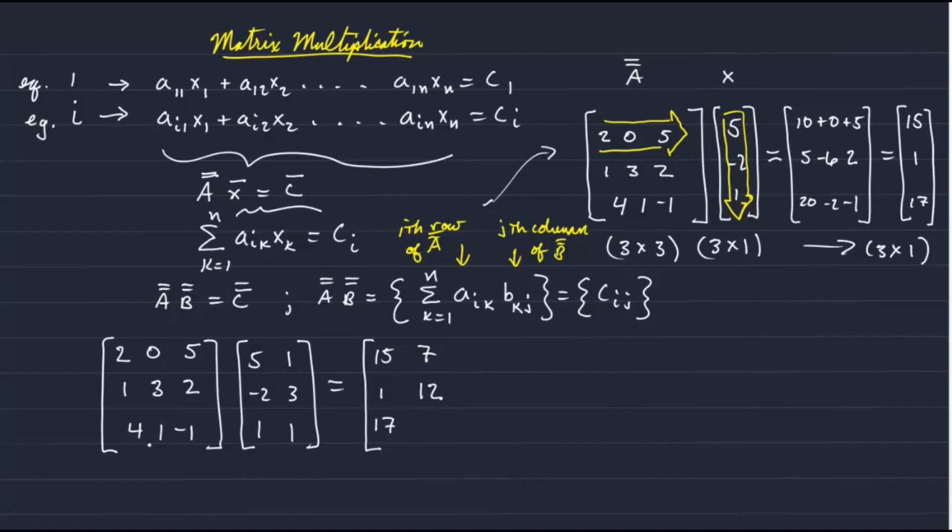And then for the last element, we have 4 times 1 plus 3 minus 1 is 6. So that's how we carry out a multiplication of a 3 by 3 matrix with a 3 by 2 matrix. And the result is a 3 by 2 matrix, a matrix with 3 rows and 2 columns.